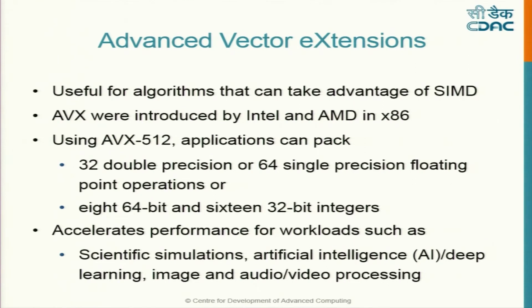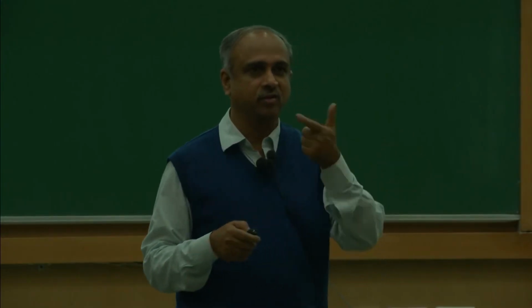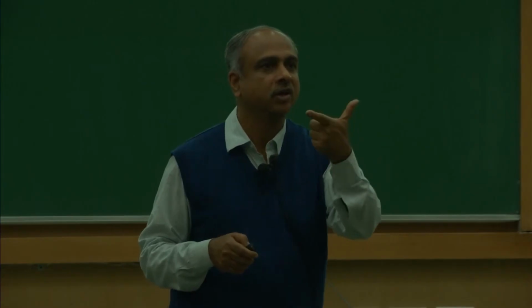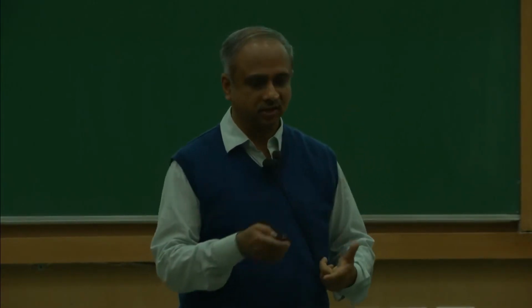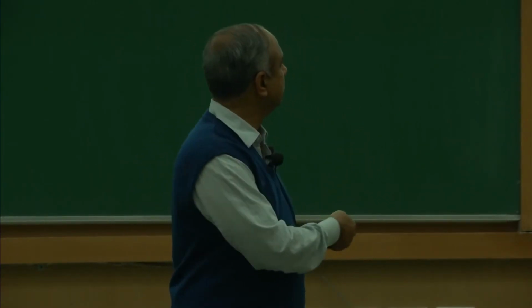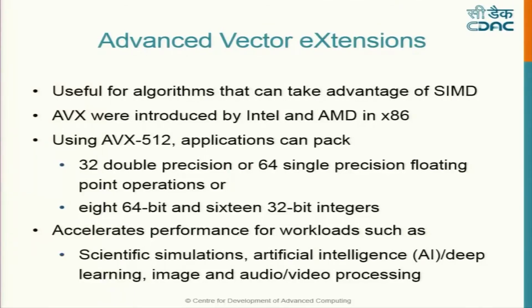Typically an old processor, without the AVX extension, would operate on one data item in the register. But now there are AVX registers in which, if you are doing double precision arithmetic, 32 data can be operated on simultaneously by a single instruction. The instruction is the same, whatever it is, but it can operate on a set of 32 double precision values.